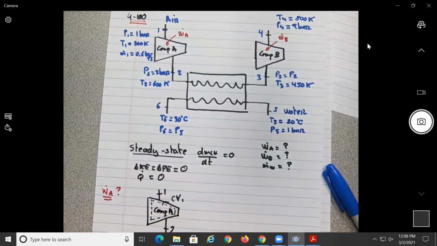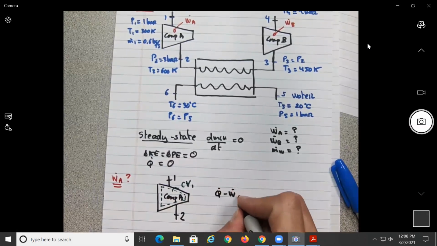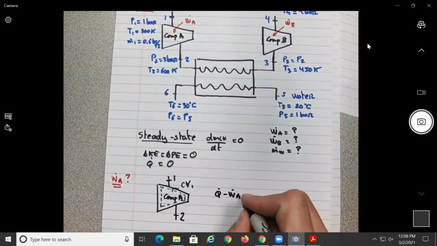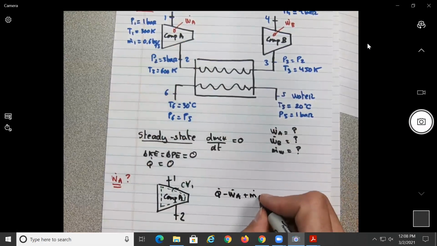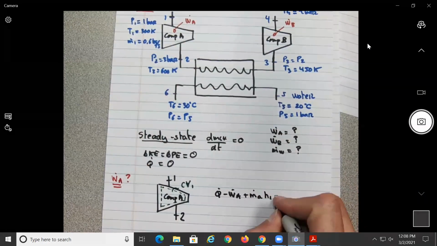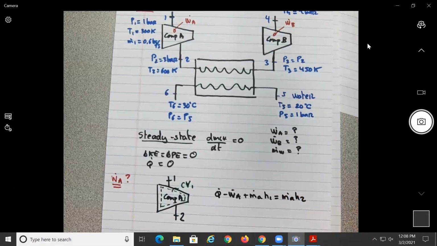If you use this control volume, what would be the first principle of thermodynamics? It would be Q minus power of A plus M. The substance here is air, so M sub A H1 will be equal to M sub A H2.